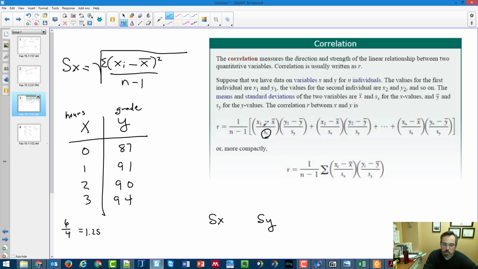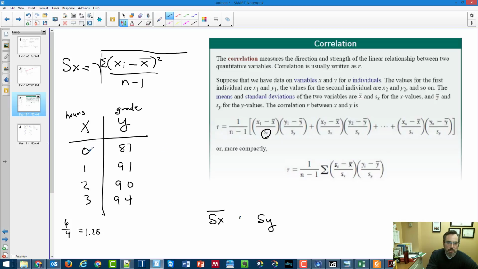And then we would have to go through this, which means we would have to do almost the same thing over again. We'd have to take each one of the x's minus the average divided by the standard deviation. So this number minus this number again, divided by this new number we found. And we would have to multiply that times the y.